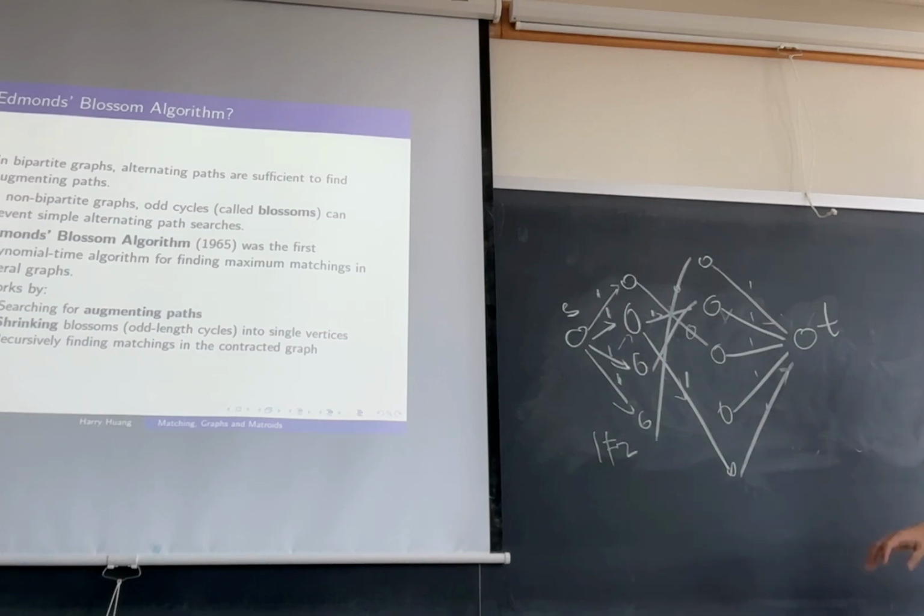It only deletes the old cycle itself, but it doesn't affect the connectivity of the original graph. So we can do such things. And if we shrink as many blossoms as we can, it becomes a bipartite graph, and we can still run the same algorithm as we have done in the bipartite graph.